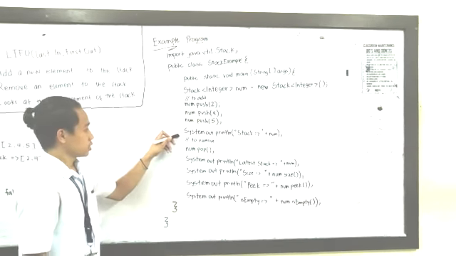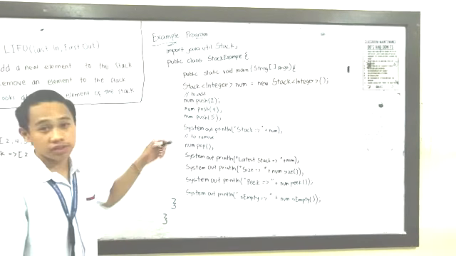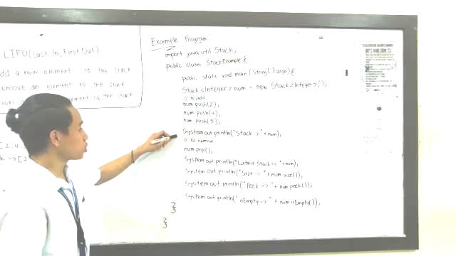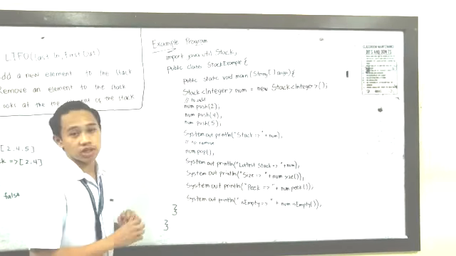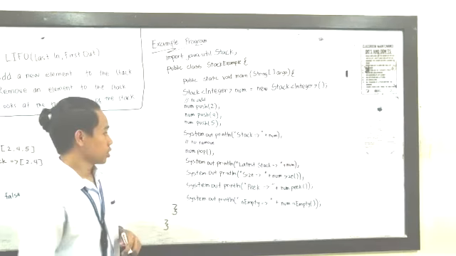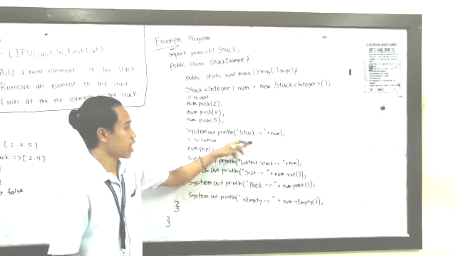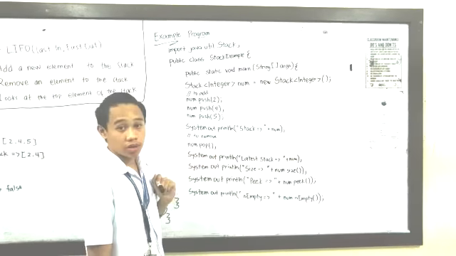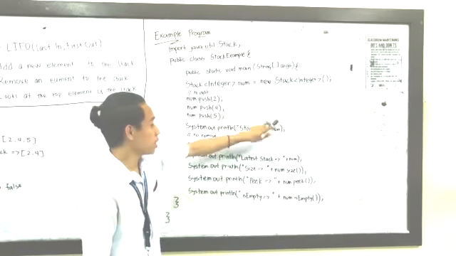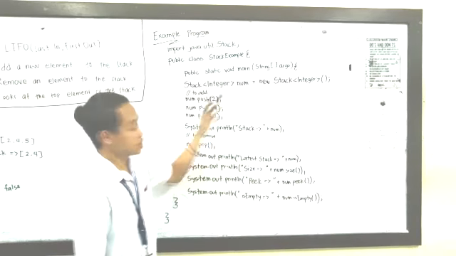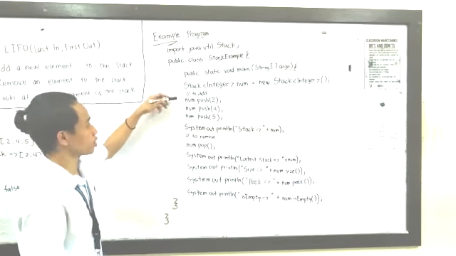Then System.out.println, which is used to print anything inside the quotation marks. Inside the quotation marks is Stack, then outside the quotation marks is a plus, then num, which is my variable in this program, then a semicolon. So that's how we add.